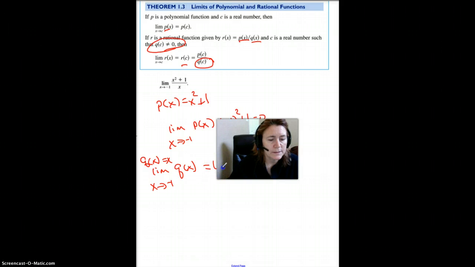This is the limit as x goes to -1 of x, or just -1. So r of x is p of x over q of x. I know. You have to write it. So the limit as x goes to -1 of r of x is just p at c divided by q of c, which is 0 over -1, or 0.